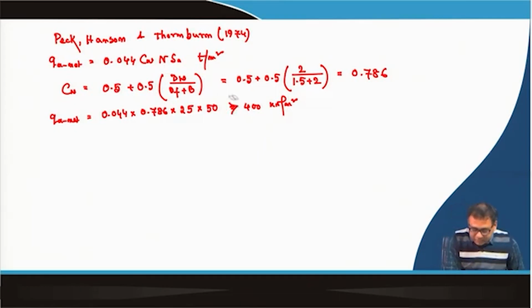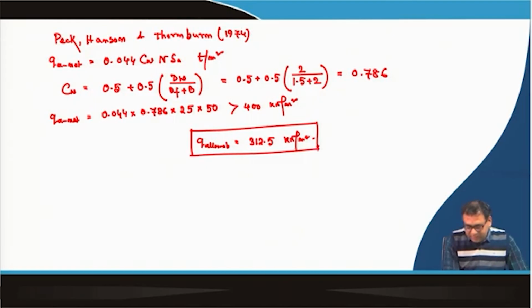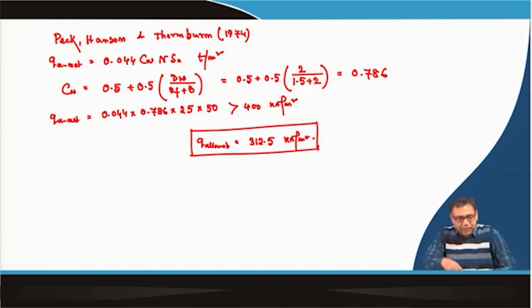So, that means the allowable bearing capacity that we are proposing, 312.5 kilonewton per meter square, is correct, because when we cross check it using the Peck, Hanson and Thornburn equation, it gives more than 400 or close to 400 kilonewton per meter square, which is more than 312.5 kilonewton per meter square.